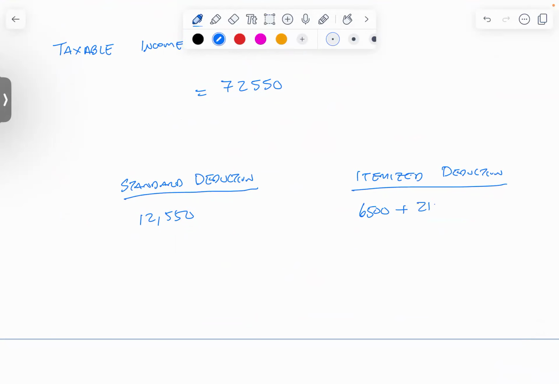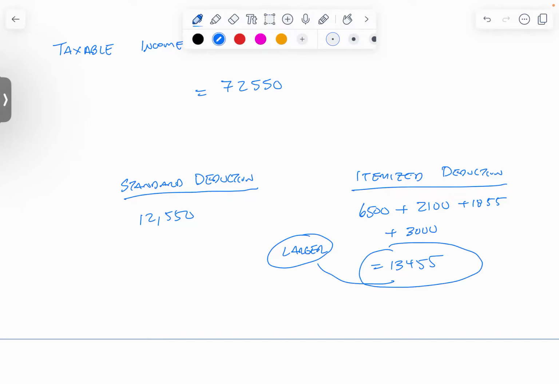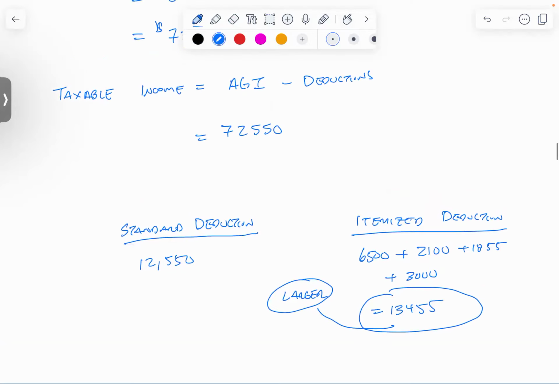Because all of those are the itemized deductions. And notice, all right, whichever is the larger. So clearly, we see that the itemized value is the larger of the value, and that's the one you choose. And that's the basic concept.